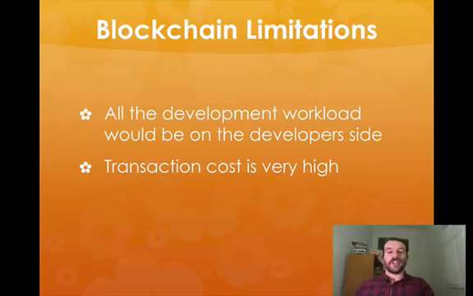So about the blockchain limitations, well, if all these services were to be put on a regular public blockchain such as Ethereum or Bitcoin or some others, it would take something around $100 to $200 million a year just to host the minimum requirements for the client apps to run. So all the development workload would be on the developer side, and that would be way more costly than what EOS is proposing.